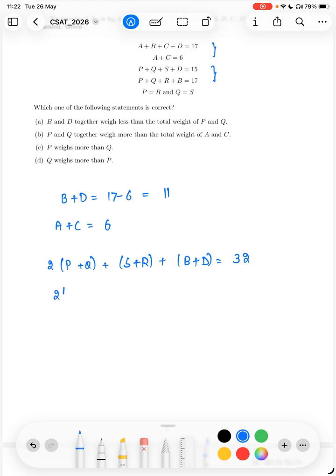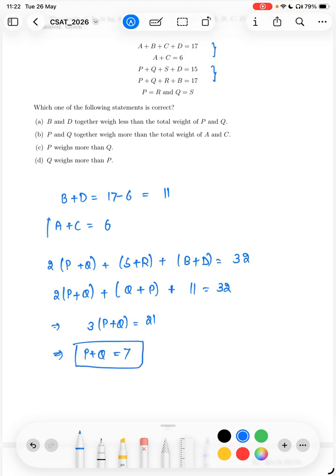If I substitute them, 2(p plus q), instead of s I can write q, instead of r I can write p, and instead of b plus d I can write 11, is equal to 32. This implies 3 times (p plus q) is equal to 21. This implies p plus q is equal to 7. You have all the information now.